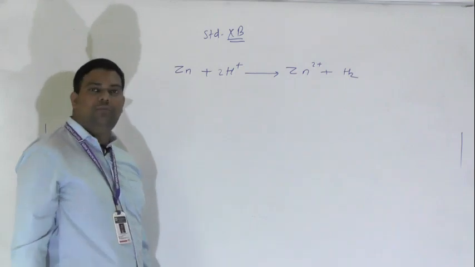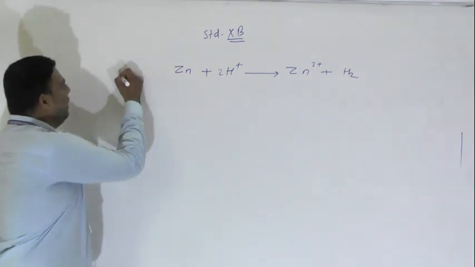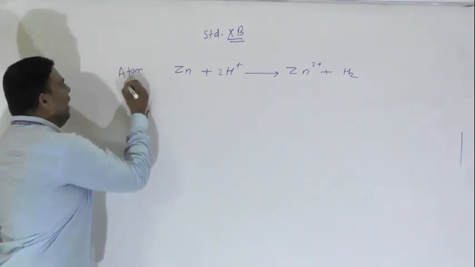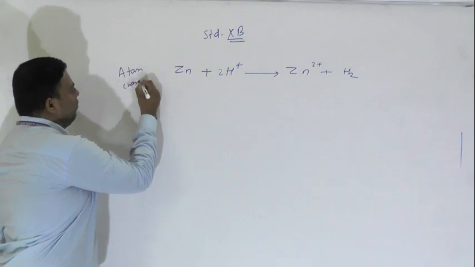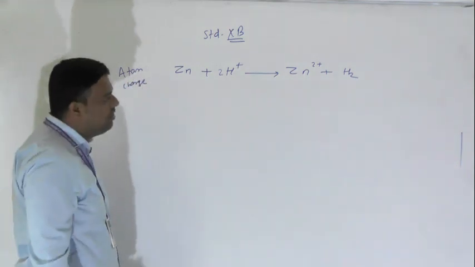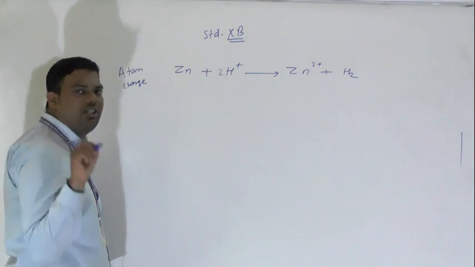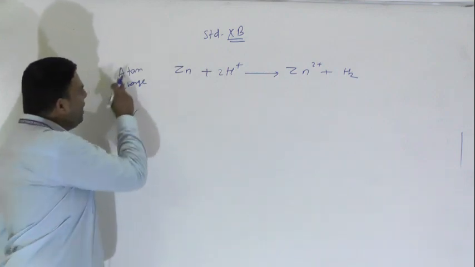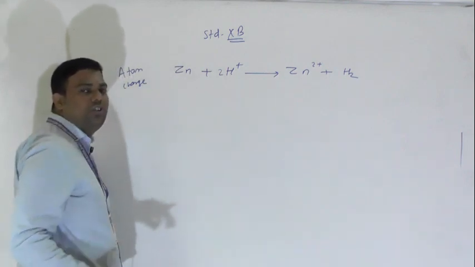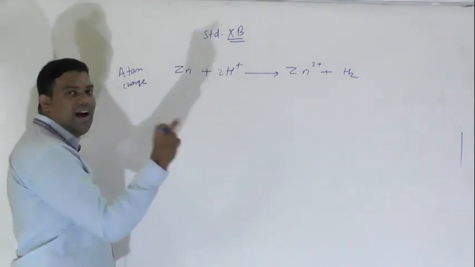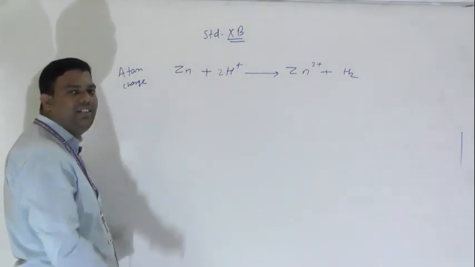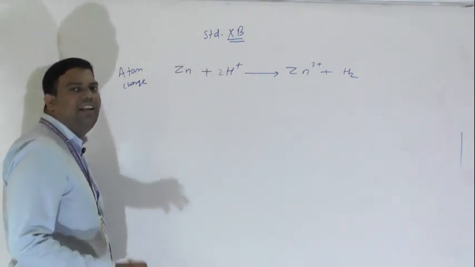Now it's time to balance our charge. Don't forget this: whenever you are writing a redox reaction, you have to check atoms and charge, on both the RHS and LHS, whether they are balanced or not.